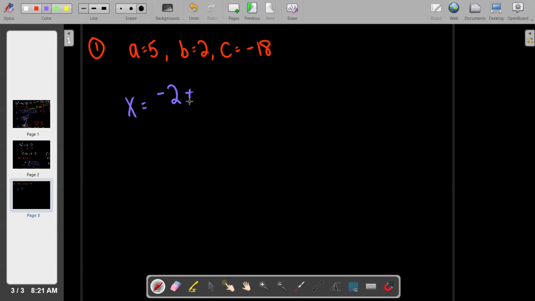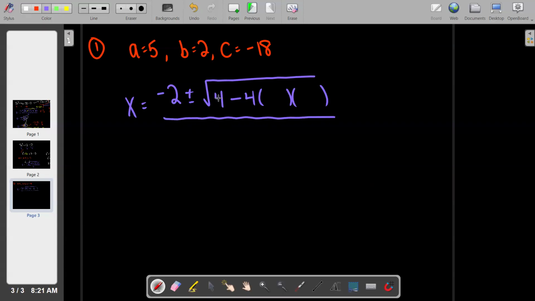And then we put a plus or minus sign and a big long square root sign like this. What goes first inside the square root? 4, because that's B squared. And then we put minus 4 with a couple of hungry sets of parentheses, like baby birds waiting for their little worms or whatever. All over 2 times A.